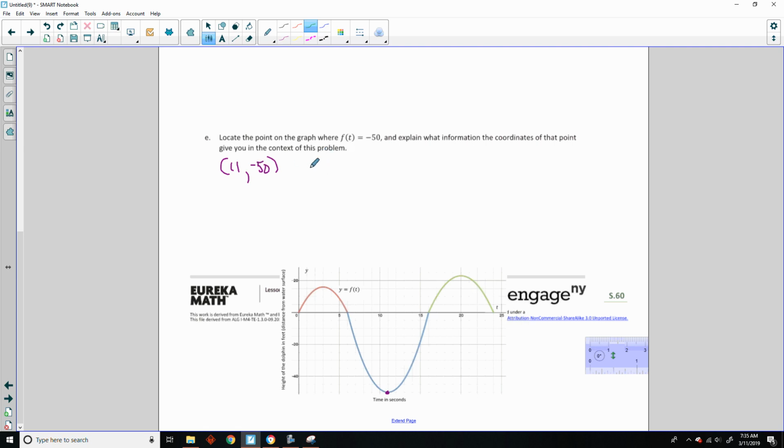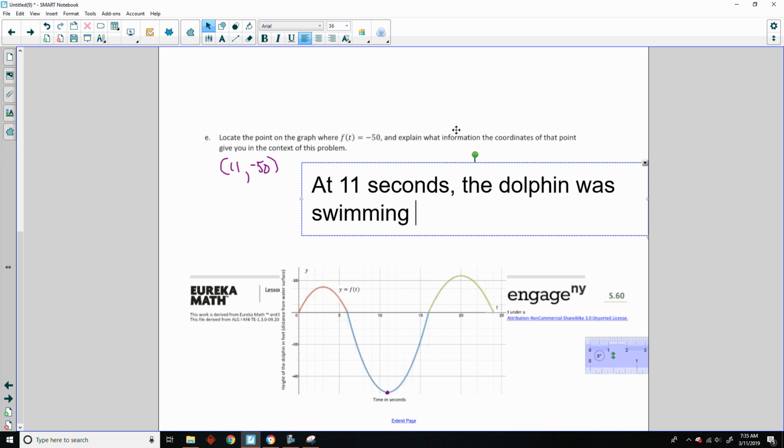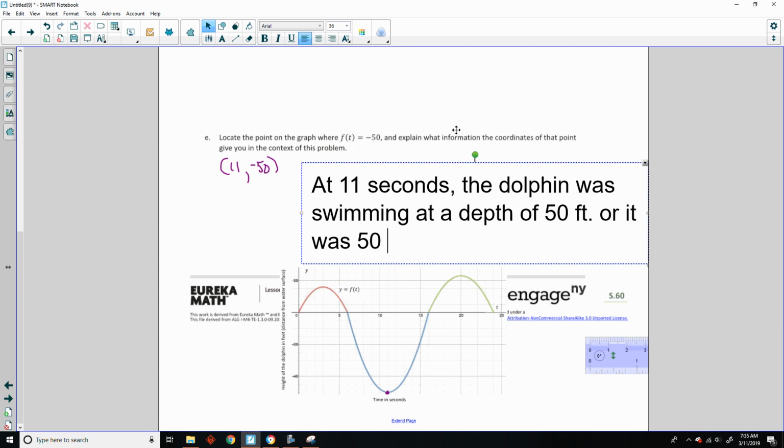In the context of this problem, I would say at 11 seconds, the dolphin was swimming at a depth of 50 feet, or it was 50 feet below the surface at 11 seconds.